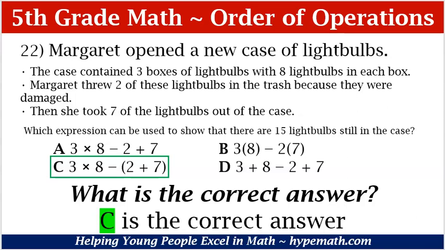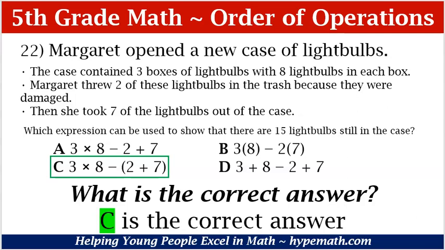We have 3 times 8. We know that when we have a number next to a number in parentheses, that means multiplication. Okay, that was good. Minus, okay, we're on a roll. The 2 times 7, that's not correct because she took 2 light bulbs out of the case and then she threw 7 away.